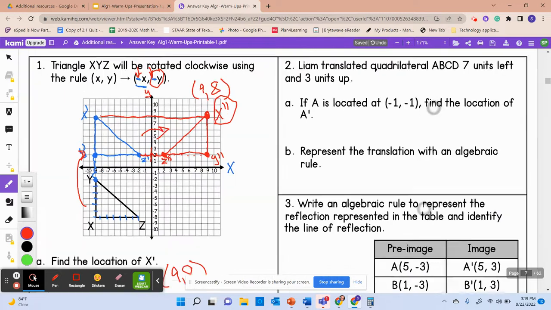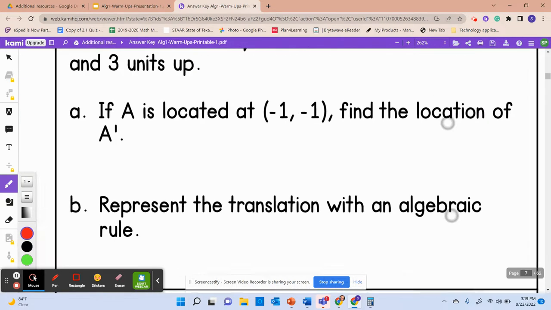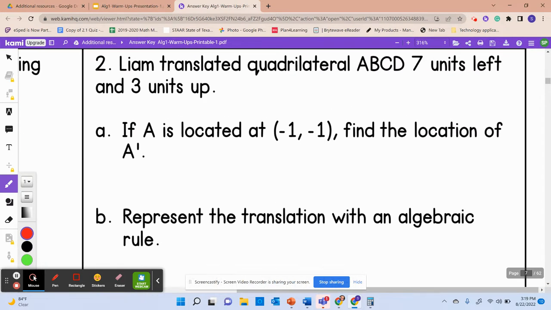It says Liam translated a quadrilateral 7 units left and 3 units up. If A is located at -1, -1, find the location of A prime. Well, I have to draw a picture to help me out because now I like to label my X and Y axis, and -1, -1 would be right here.